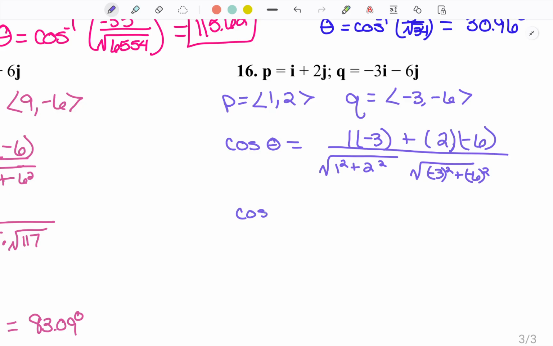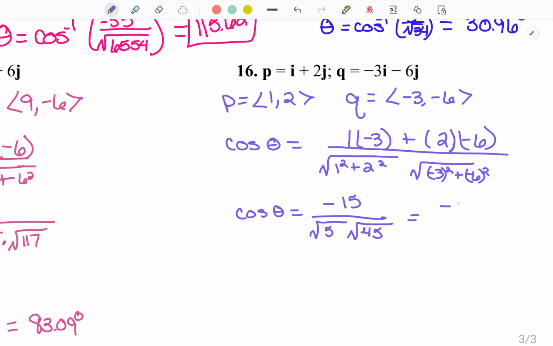And so cosine theta is going to equal, on top you should get -15. And then on the bottom you should have the square root of 5 first. And then the square root of, let's see, 9 plus 36, that's going to be the square root of 45.